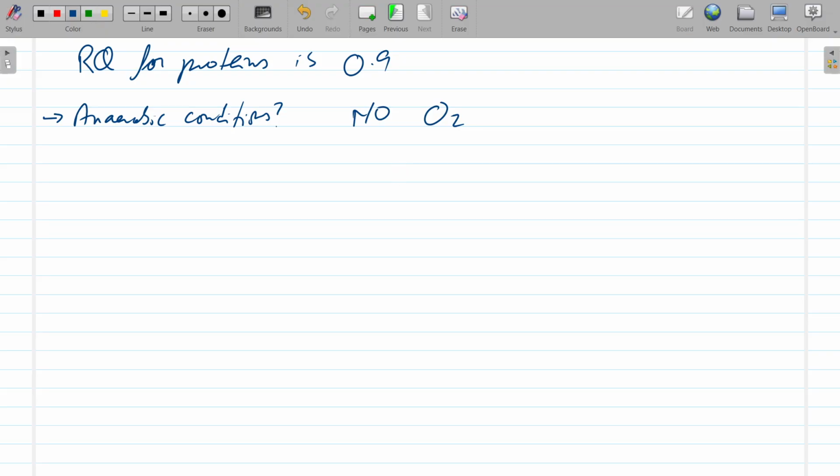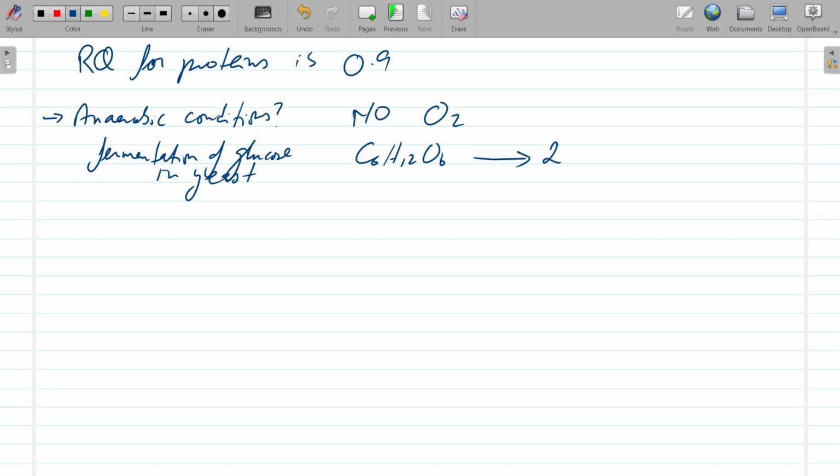And so if we take the example of the fermentation of glucose in yeast that we did, you've got C6H12O6, no oxygen is being used, and you are getting two molecules of C2H5OH.